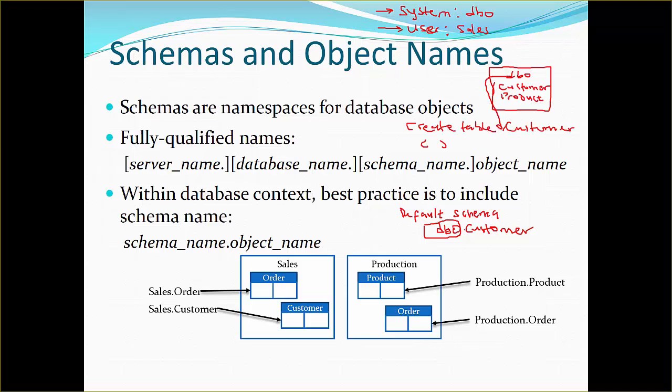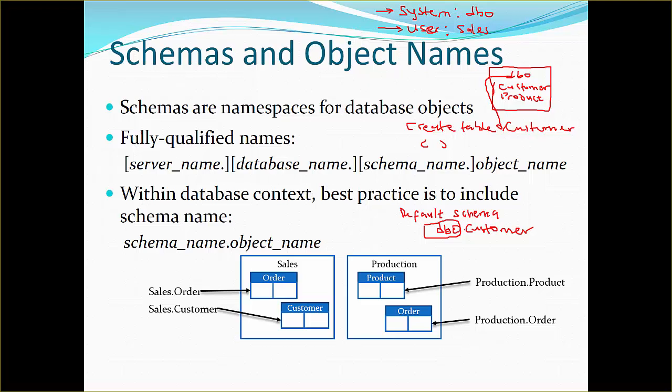All right, so now that we know the name of an object, we know how we can refer to an object. Because if we have a table and we want to get data back from the table, we've created a table, we've inserted data into the table, and now we want to get the data back.